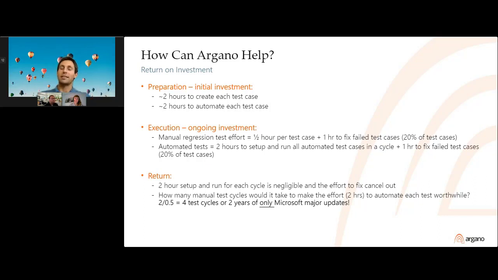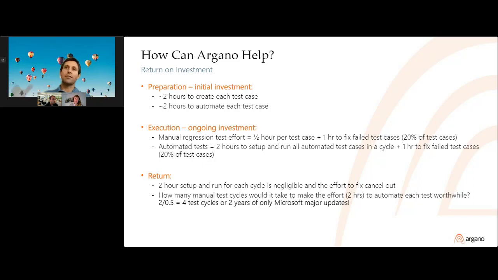What you end up finding is that it takes you half an hour to run that manual test versus 2 hours to set up the automation. It doesn't matter how many test cases you've got, it's going to take you 4 cycles to get that return on investment.